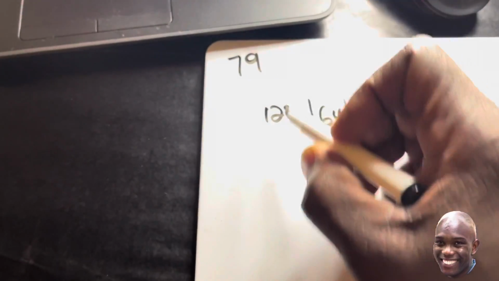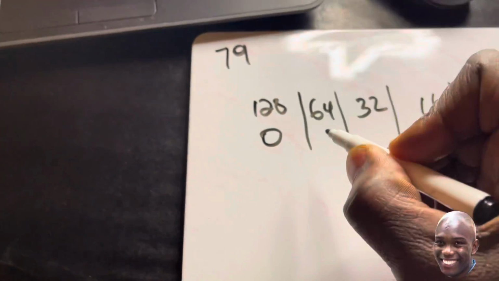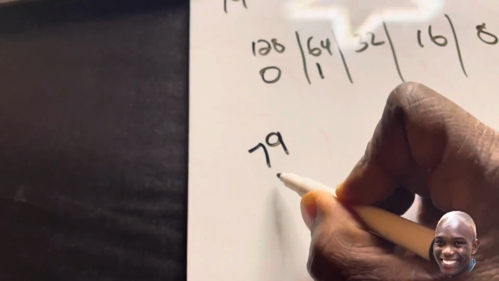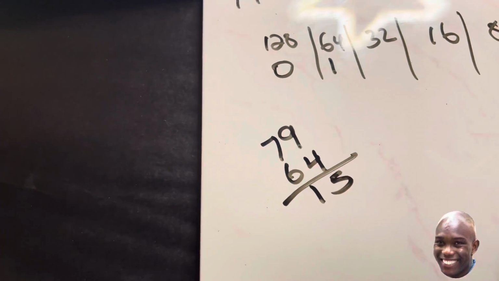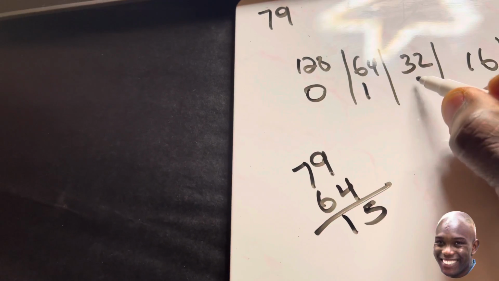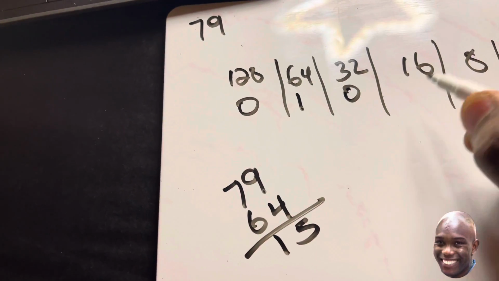79 is not greater than 128, so we put 0 here. However, 79 is more than 64, so we put a 1. We put 79 here and you minus 64 from it, which gives you 15. Is 15 greater than 32? No, so this is off. Is 15 greater than 16? No, this is off.